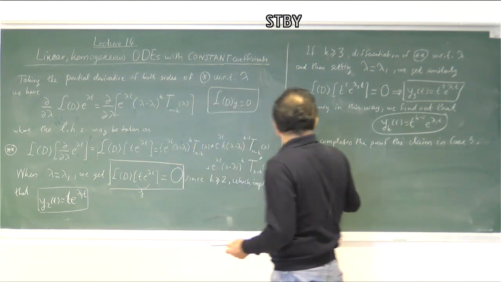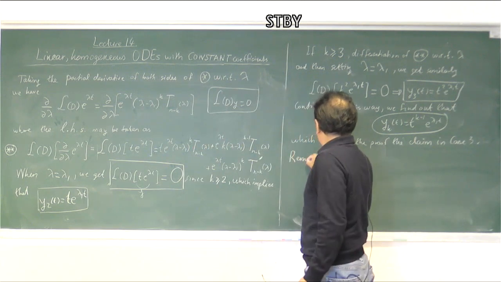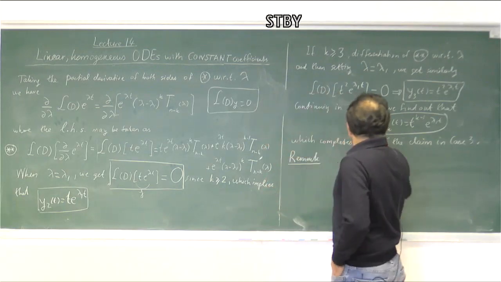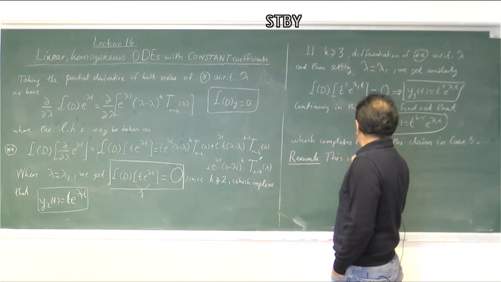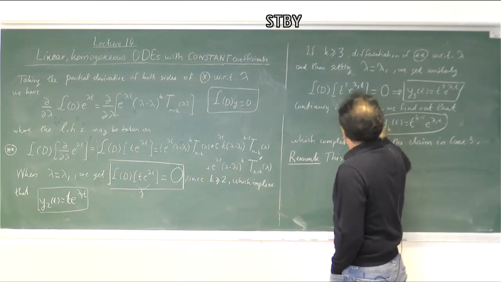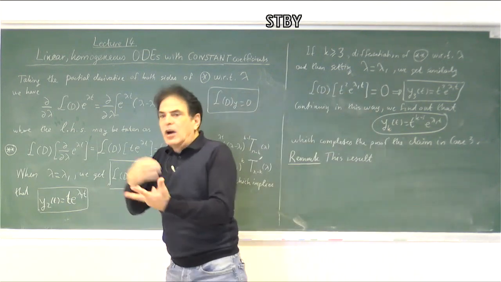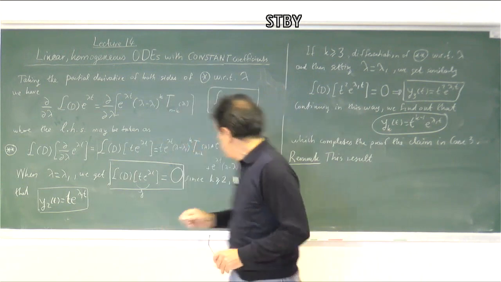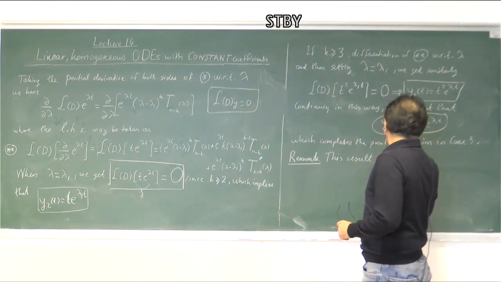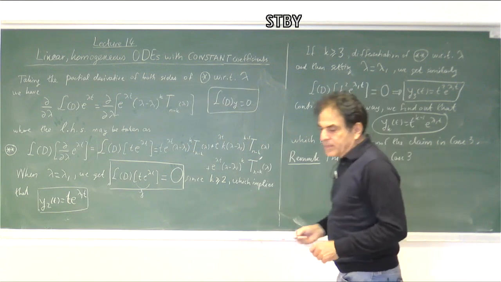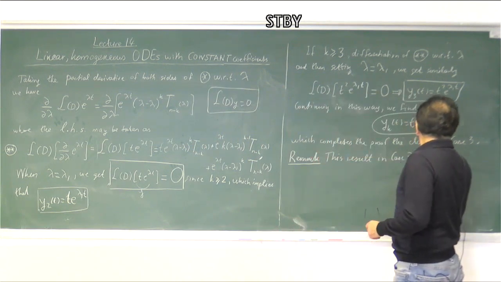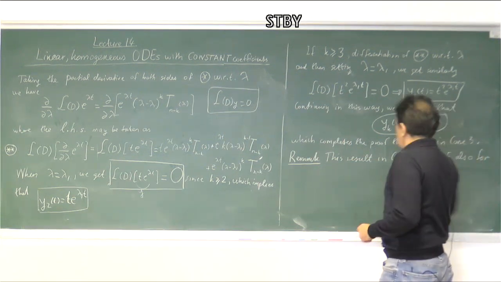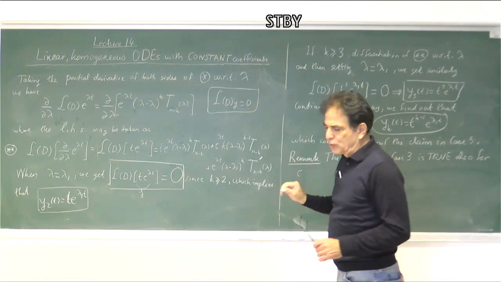Here is an important remark. This result, or the way of generating k solutions corresponding to a repeated root, in case 3 is true also for complex repeated roots.